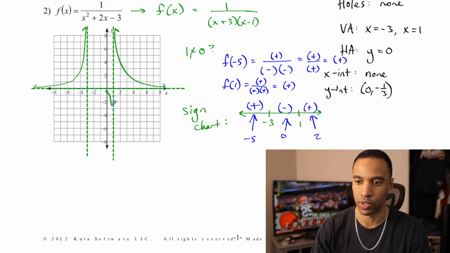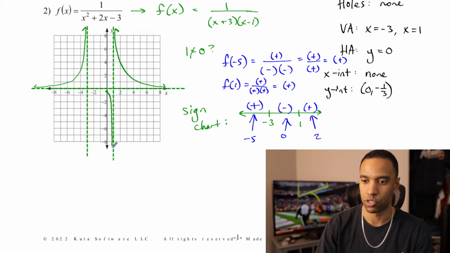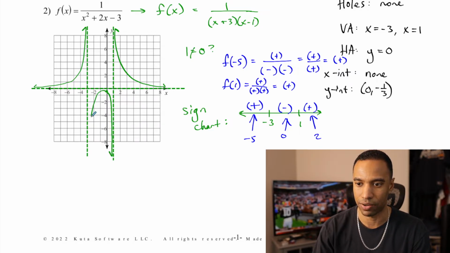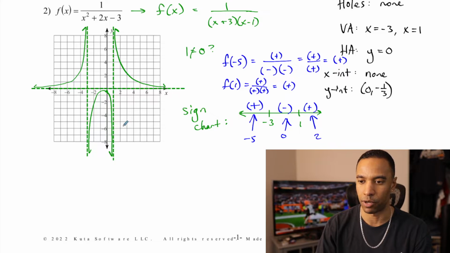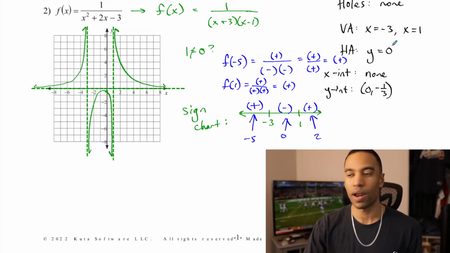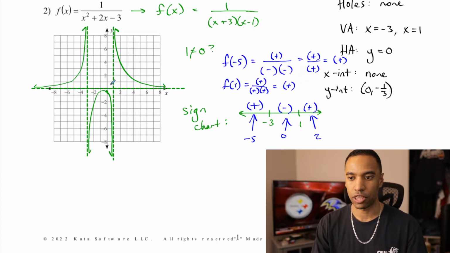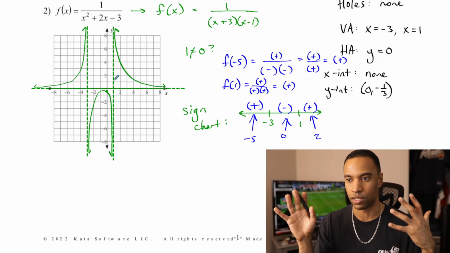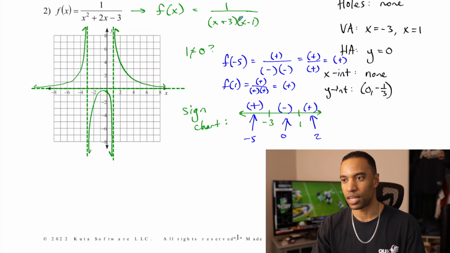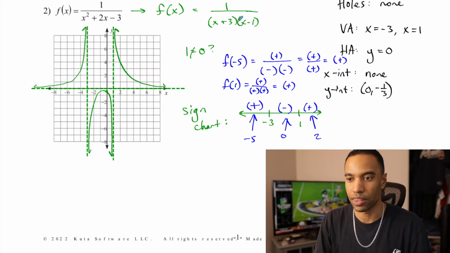So this graph is doing something. I don't know exactly what it's doing, but it's approaching negative infinity there, and it turns back around right around here, and it's approaching negative infinity right there as well. That's the only way that this graph features these bits right here and maintains everything that we need. The sign charts apply correctly. Try and plug in -2, see what you get sign-wise. And there we go, that's the graph.